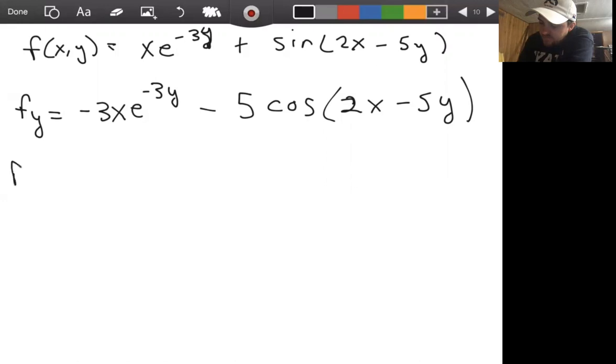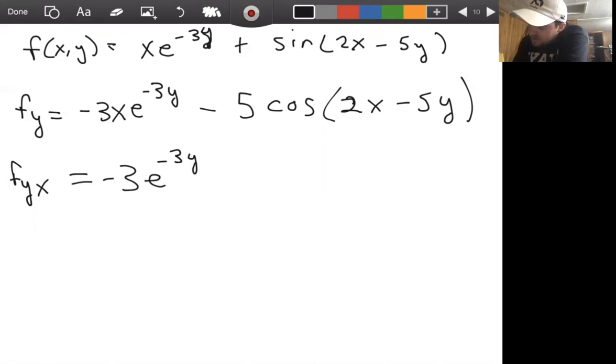And so now we want f sub y x, which if we take the derivative of the first term with respect to x, well, negative 3 e to the negative 3y is all constant. So the derivative of x is just 1, so we get negative 3 e to the negative 3y. And now, looks like we're going to have sine, right? So it's minus the derivative of cosine is negative sine, so that becomes a plus.